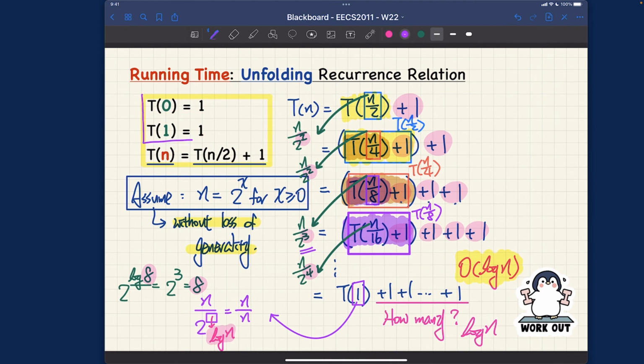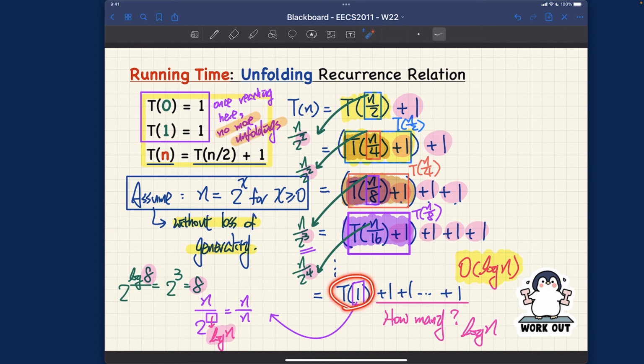Once you get to the base cases over here, let me just write it down. Once reaching here, no more unfoldings. That's why they're called base cases. That's also a very important insight into analyzing the recurrence relation. That's why we have to see exactly once we get to T of 1.